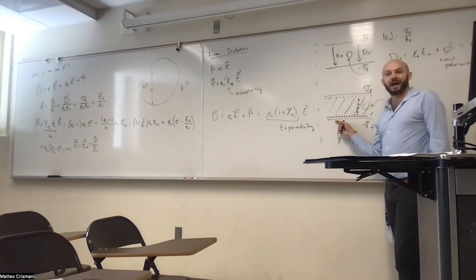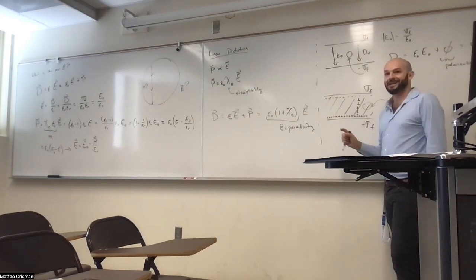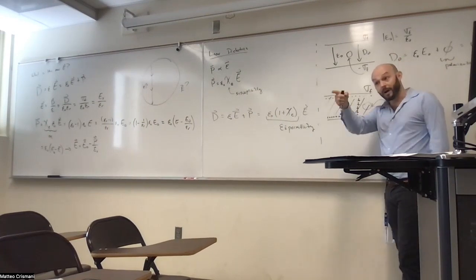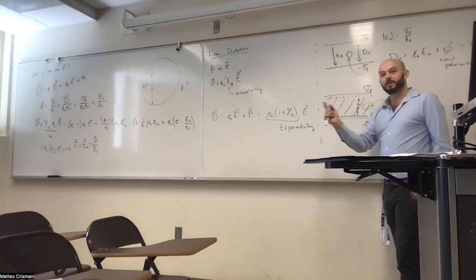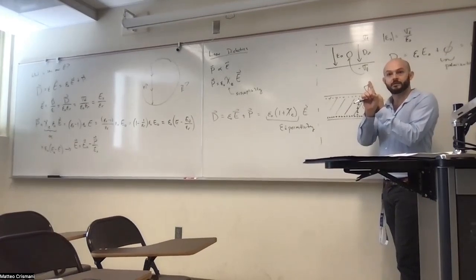Imagine that you didn't have the capacitor. Okay, let's get rid of the capacitor, keep the dielectric, and keep the bound surface charge. What would the E field inside look like? It would go up. And we know these E fields can just stack, they can just add, right?